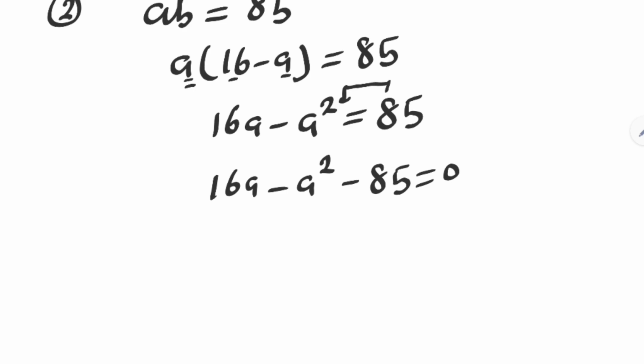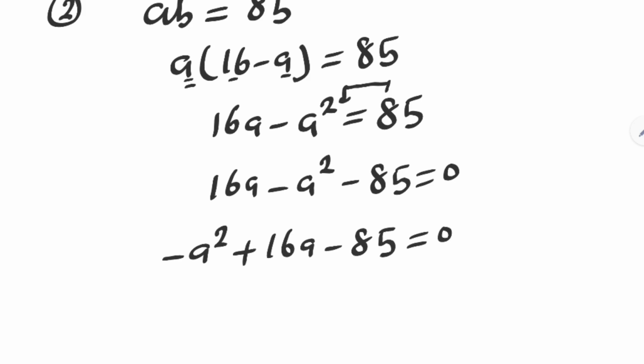Let us put this in standard form. You have minus A square plus 16A minus 85 is equal to 0.